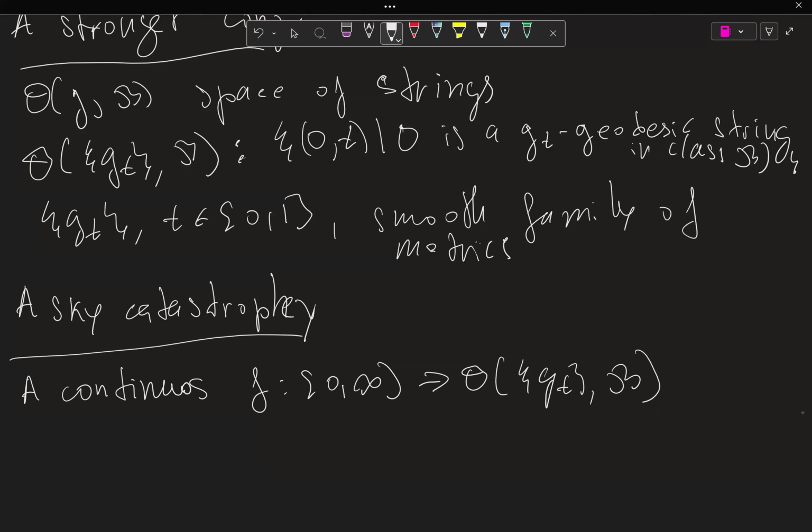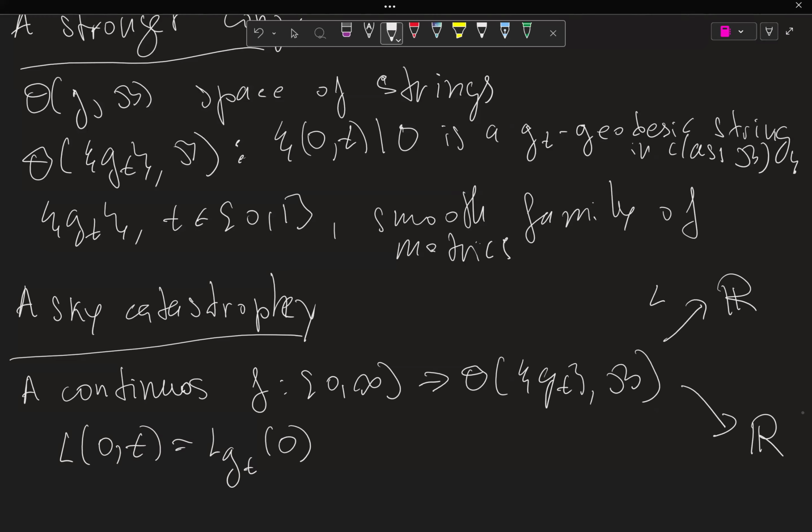With properties that, on this space we have two functions to R. One is the length, L, which is just the length of the string with respect to G_t. And the second function is just the time projection.